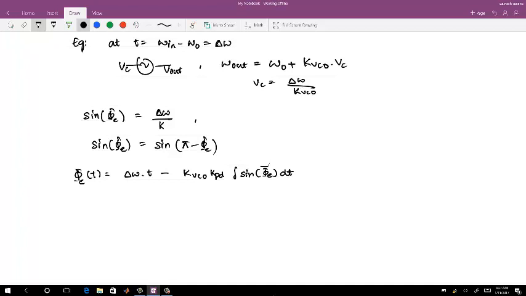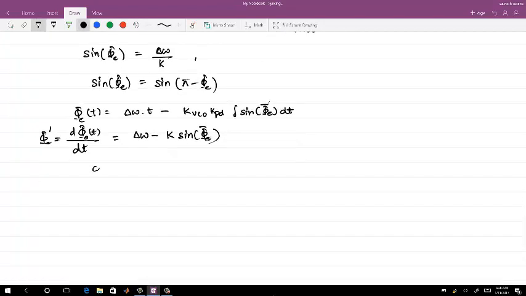This is what we have. And in the lock condition, we said that the phase error should not increase. So let me write it as K times sine of the average phase error in the locked state. So this is phi e dot, or let me write it as a derivative.